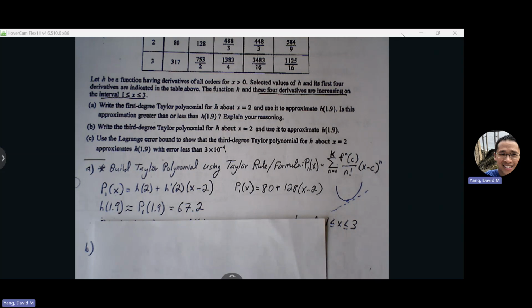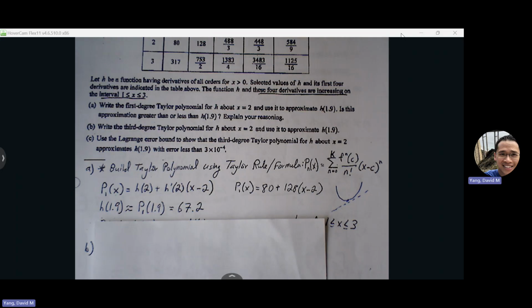Use this to find h of 1.9, use linear approximation, plug 1.9 into the equation for your function line. Is this approximation greater or less than h of 1.9?